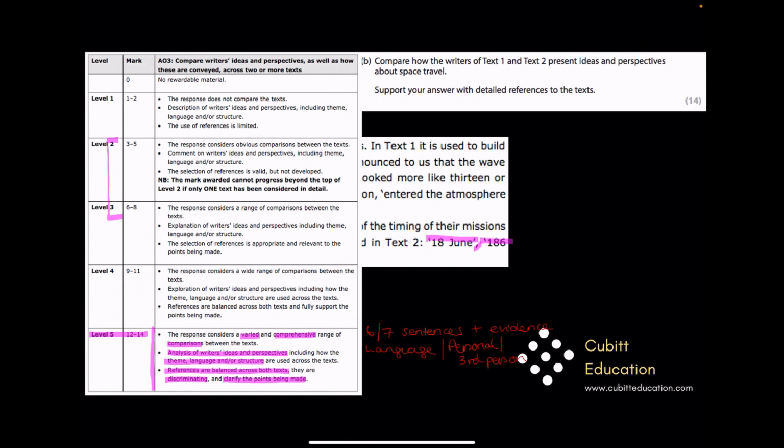Again, one being third person and one being a personal response or an autobiographical account, okay? So if you're finding it difficult to pick out differences and similarities, use that Venn diagram idea whilst you're revising, because then you'll be able to do it quicker in the exam.